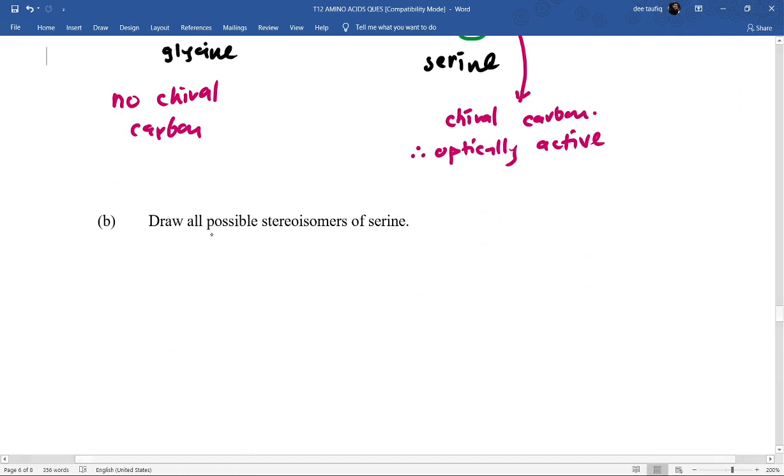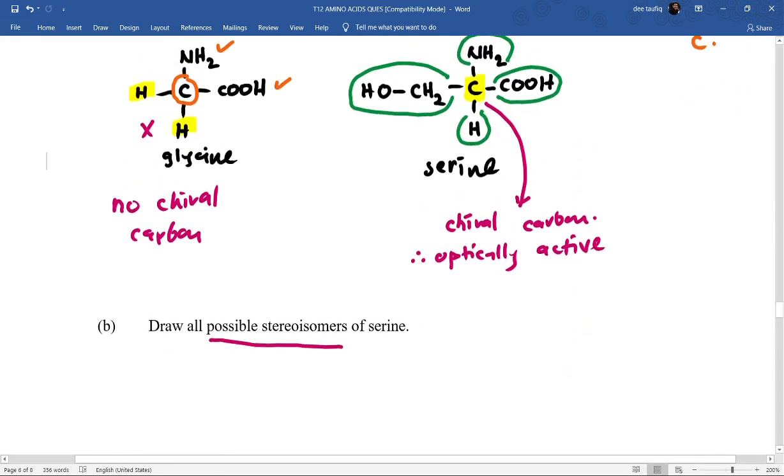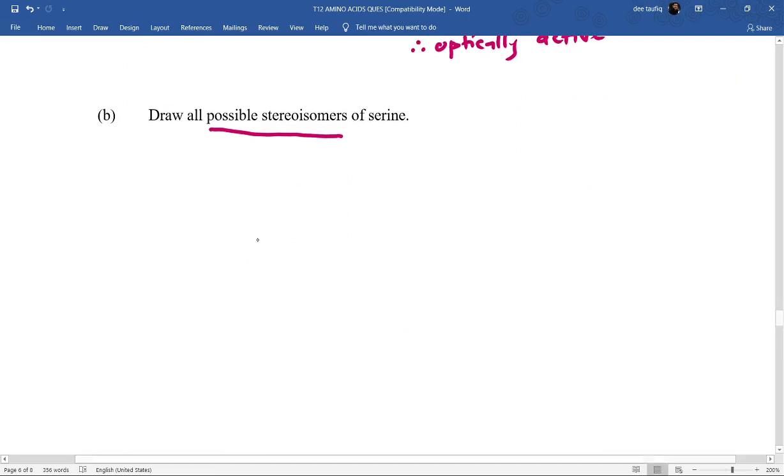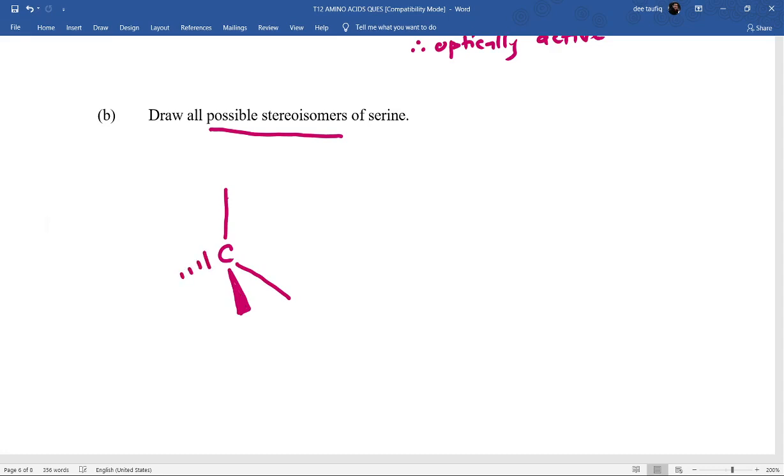So hence question B, the stereoisomer of serine. Kita lukis dia punya stereoisomer. Enantiomer bermaksud lukisan dalam bentuk mirror image. So buat dalam bentuk tetrahedral.